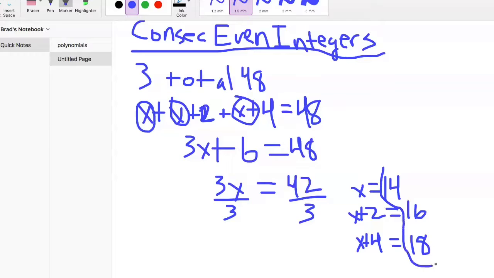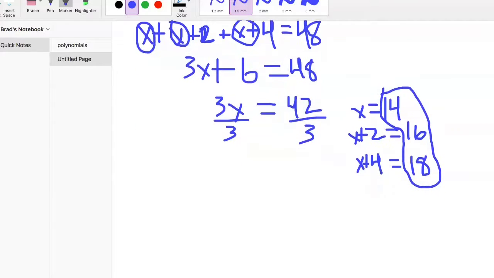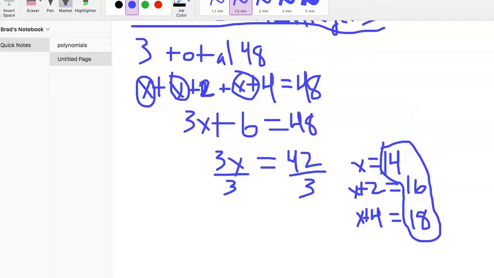Now you can check this if you want to. 14 plus 16 is 30. 30 plus 18 is 48. Remember, that was what we were trying to get to, right? They total 48. They're all even. Looks good.